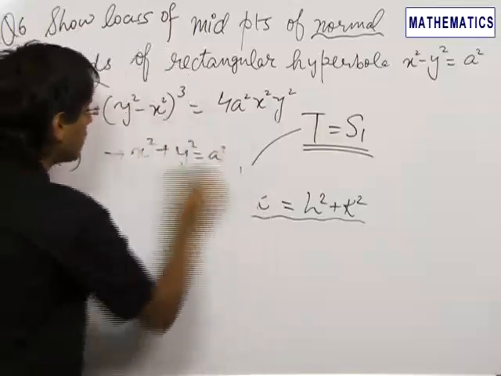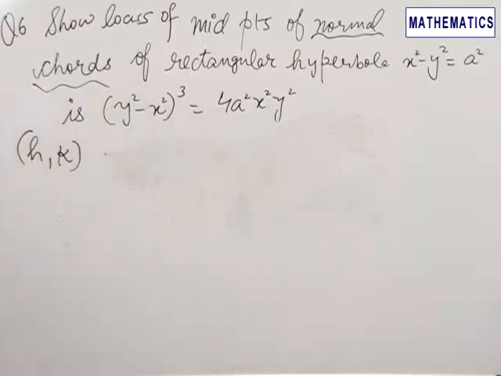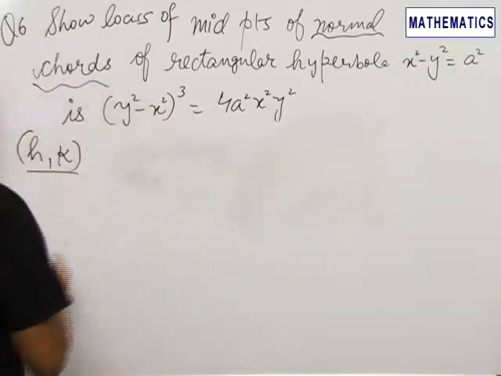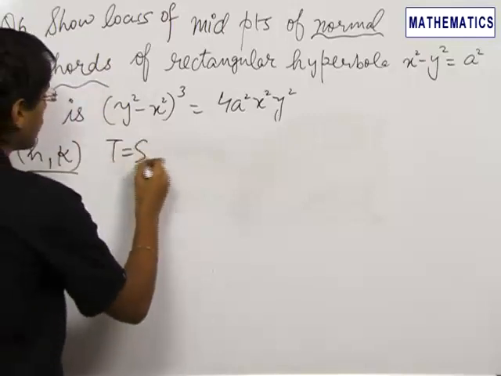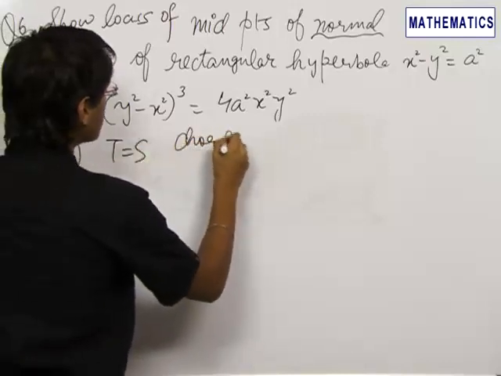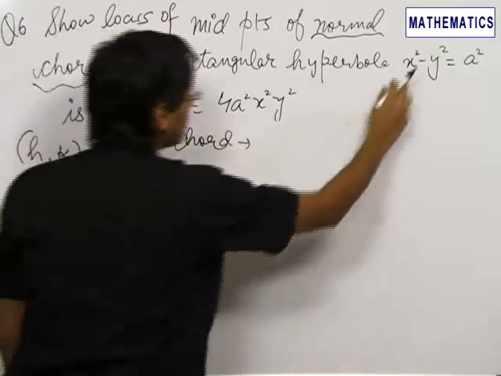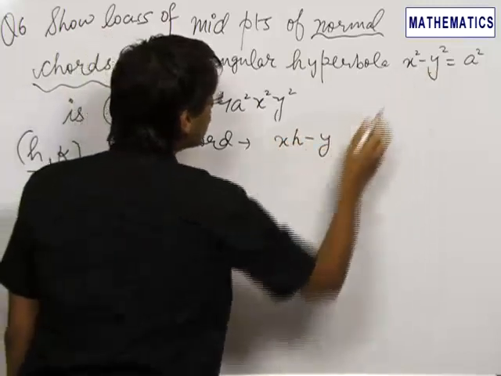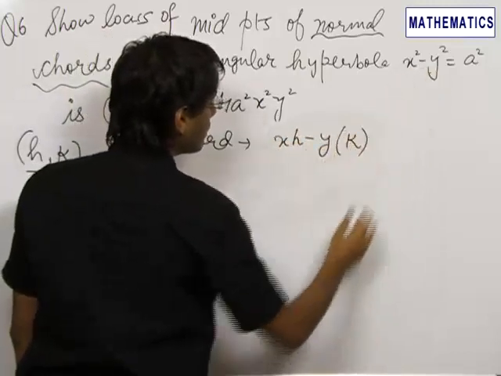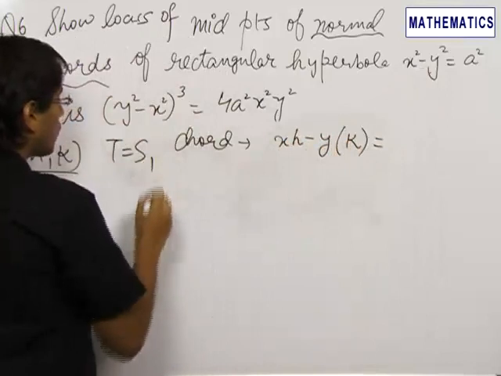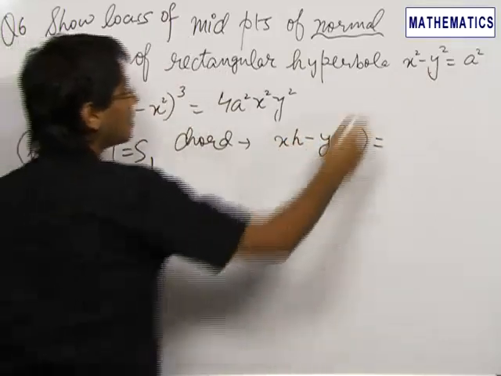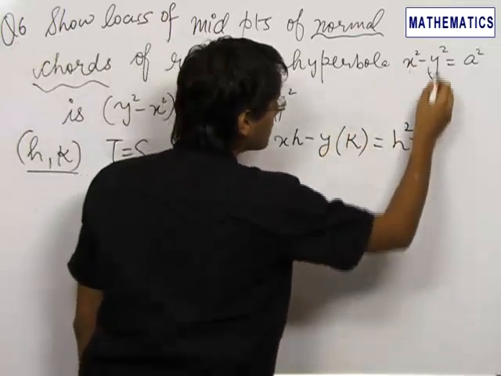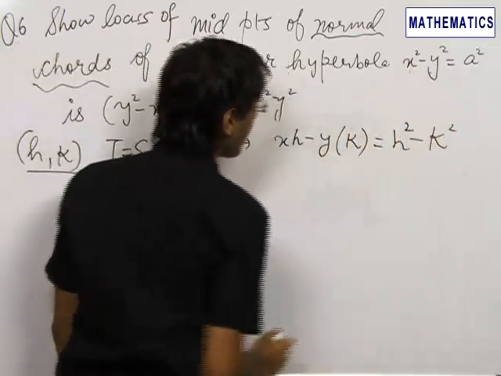So doing the same thing for the hyperbola in our case, if h comma k is the midpoint for the chord of our hyperbola, using T is equal to S1, the equation of the chord becomes, replacing one of the x by the midpoint h minus replacing one of the y by the midpoint k is equal to S1, and our S1 represents replacing x by the midpoint h and replacing y by the midpoint k.